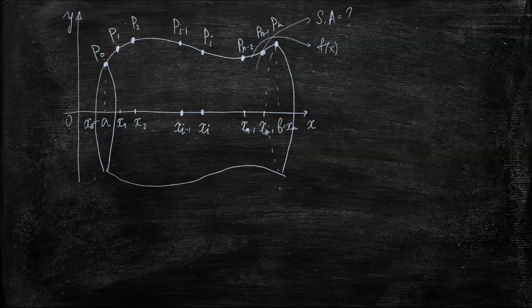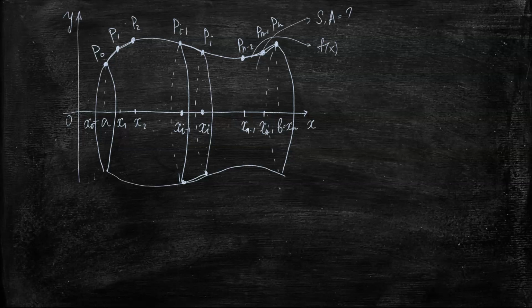And instead of looking at the surface area of the entire solid, we're actually going to consider these line segments. And for each of these line segments, if we take this line segment and rotate it, we are going to get a frustum.